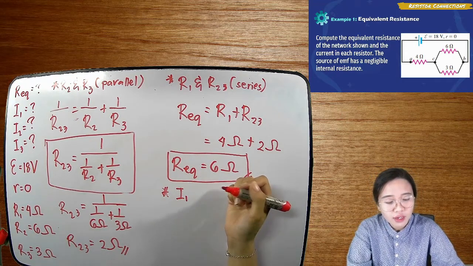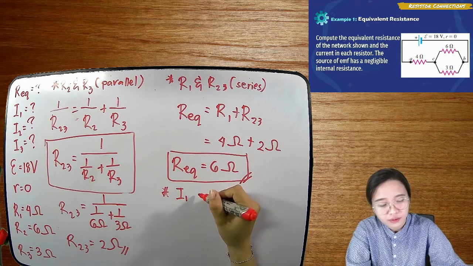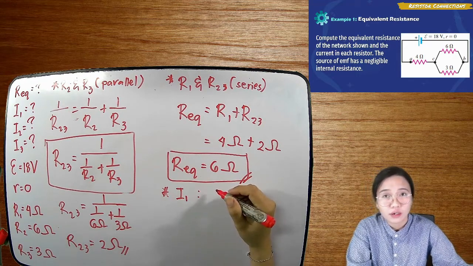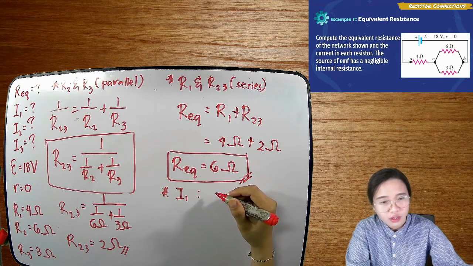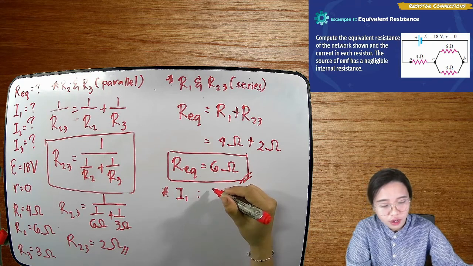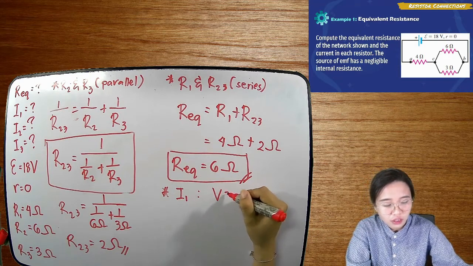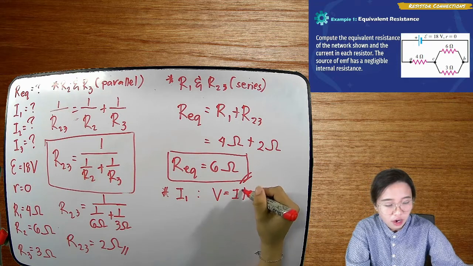For I1, remember Ohm's law: V is equal to IR.